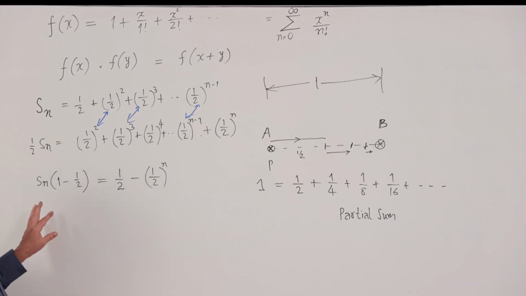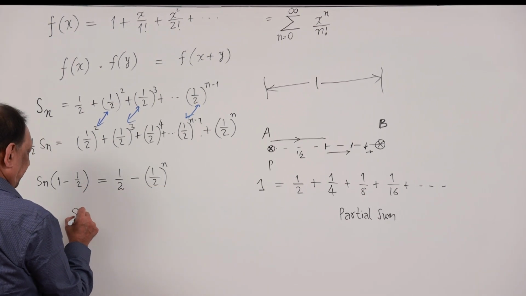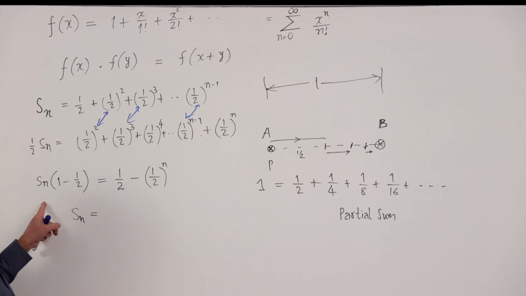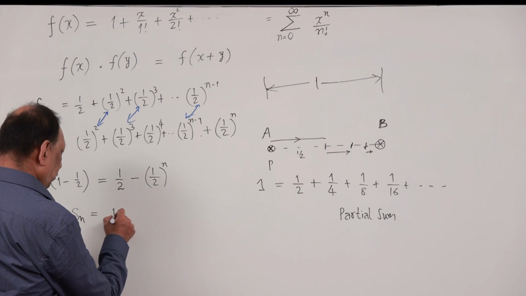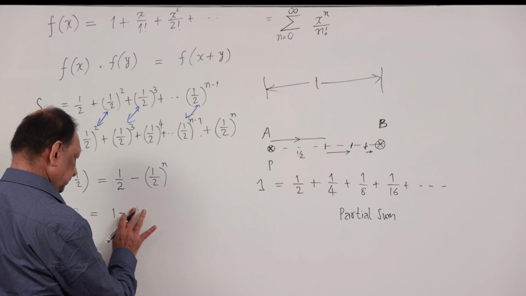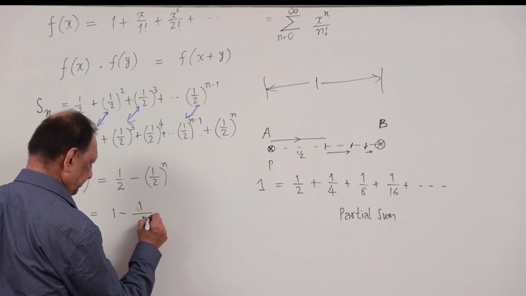Correct? Now, Sn times 1 minus half is half, so 2 will get multiplied on the other side, and Sn will be 1 minus 1 by 2 power n minus 1.